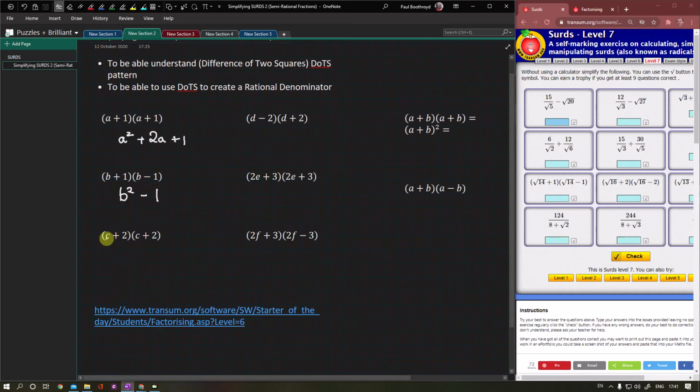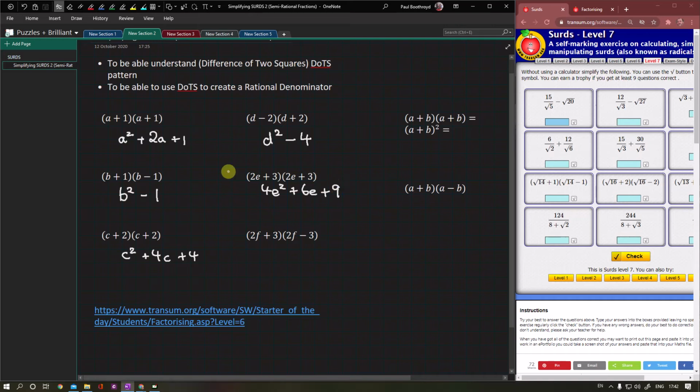Carry on through, we get c squared. You get 2c from the outside and 2c from the inside, so it's plus 4c, and then plus 4 on the inside. Do d squared, plus 2d, but minus 2d gives us nothing, minus 4. 2e times 2e is 4e squared, plus 6e, plus 6e, plus 9.